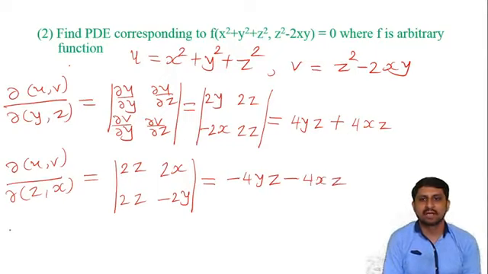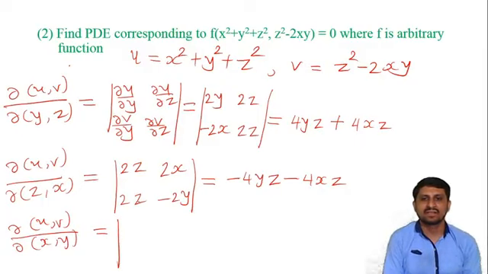Okay. Now the last Jacobian determinant I find is del(u,v) by del(x,y). So this is equal to, first, del u by del x. What is del u by del x? 2x. Then del u by del y, that is 2y.